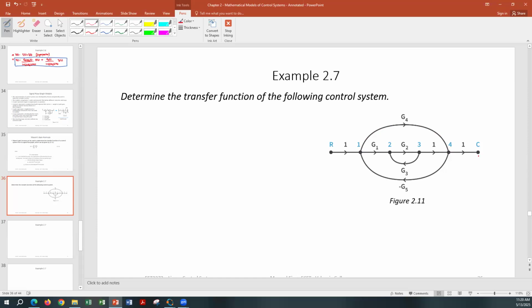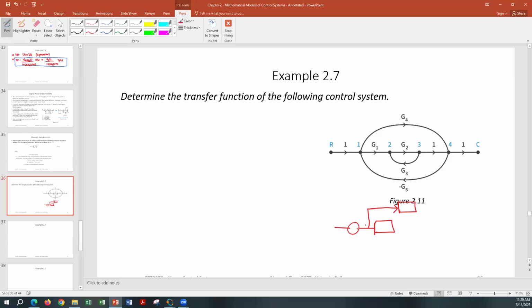If this were given as a block diagram, converting it would give something like this. You have R, then a summation point, then a G1 over here, and then another G2 over here.